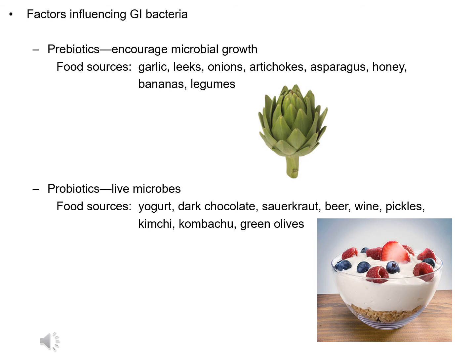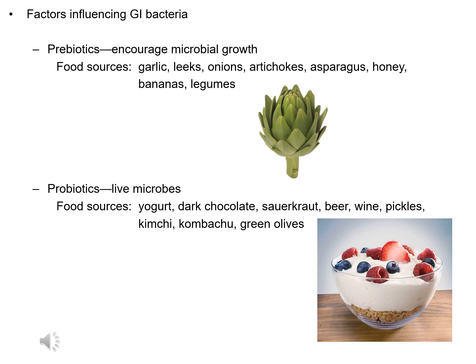Food sources that can provide us with prebiotics. Prebiotics are what encourage microbial growth. These food sources can include garlic, leeks, onions, artichokes, asparagus, honey, bananas, as well as legumes. Then there's the category of probiotics. And probiotics are the actual live microbes which are already present in certain foods.